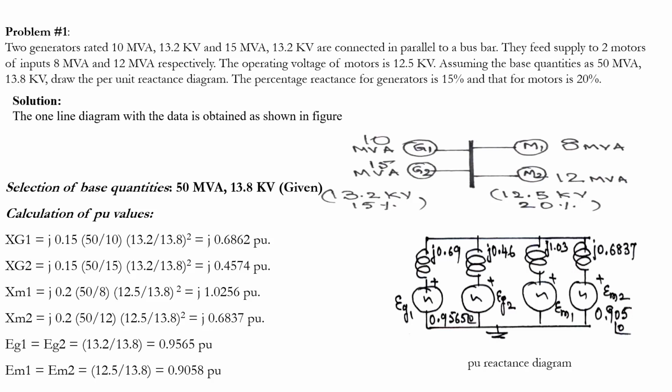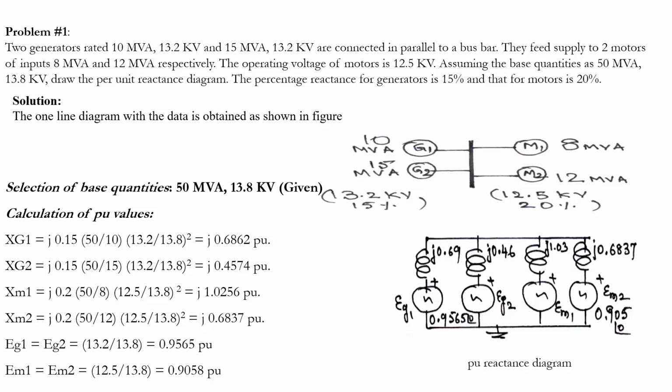Using the previous formula, the value calculated is j0.6862 per unit. Similarly, calculate Xg2. This is for the reactances of generator 1 and generator 2. And for the motors, the new values are calculated in the same way.